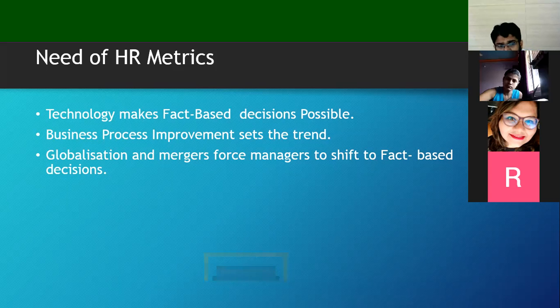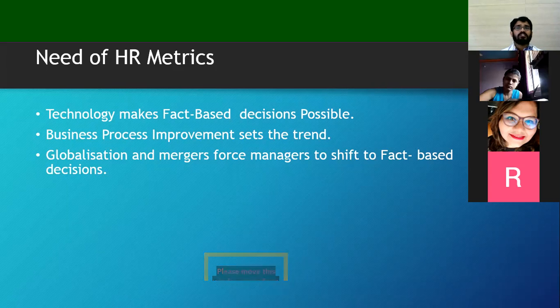Wrong decisions are taken because you become very judgmental, or it depends on your personality. But nowadays, because of technology, data is readily available to you. You have data sheets for each and every process, so decision making based on facts has become comparatively very easy.